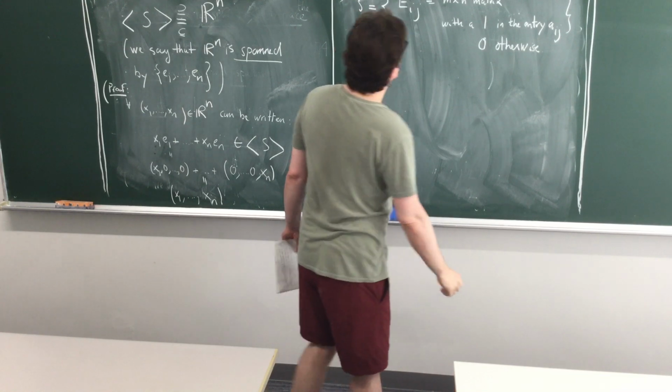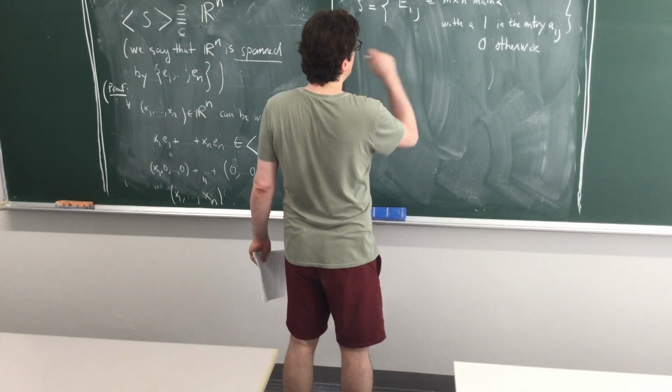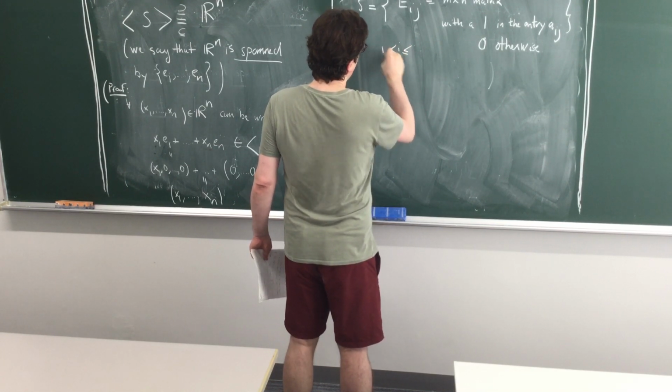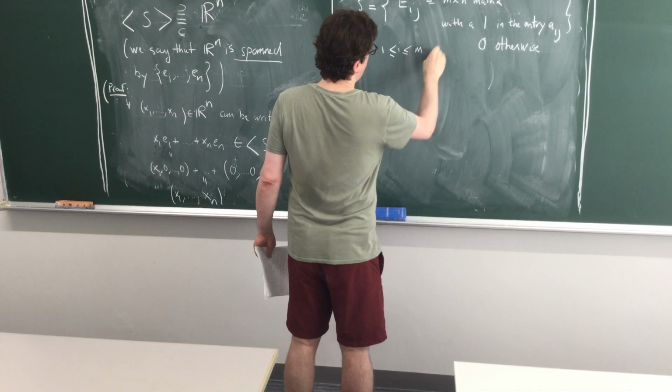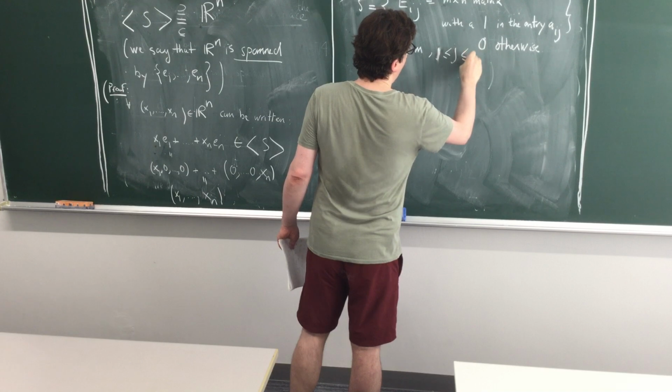I take this as a set S. Now the i and j vary: i can go from 1 to m, and j varies from 1 to n.